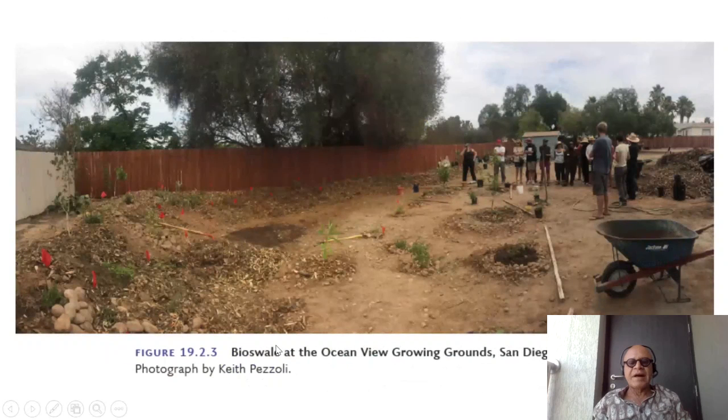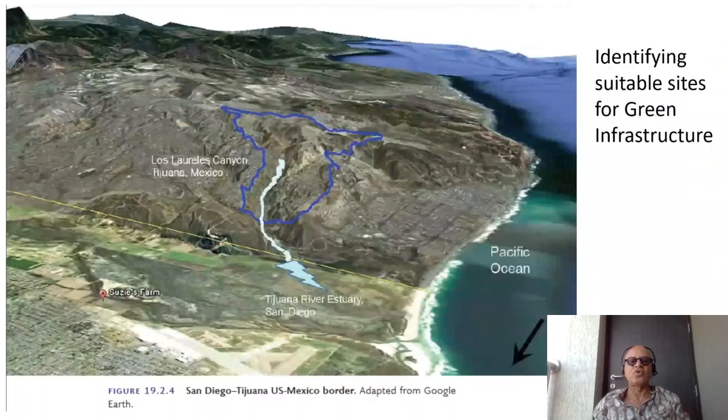Here it is showing a bioswale at the OVGG in San Diego, California. So I will show more specifically what we mean by bioswale. It's a way to manage the runoff and groundwater percolation and interactions with the vegetation and so on and so forth.